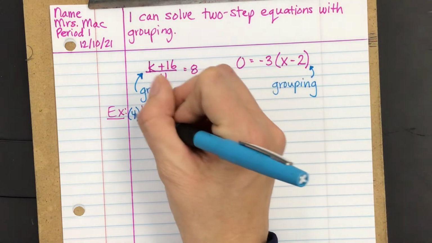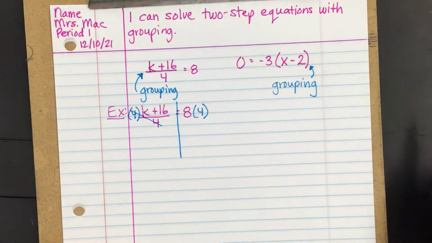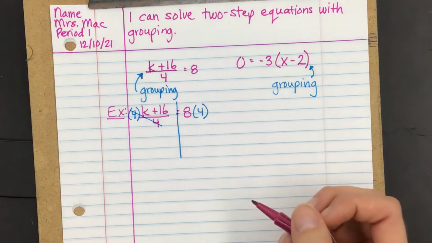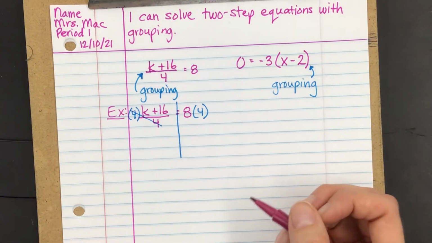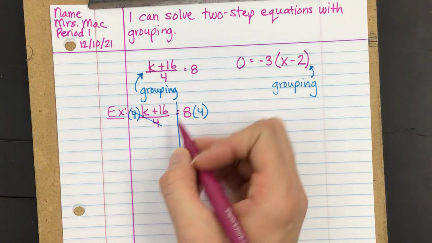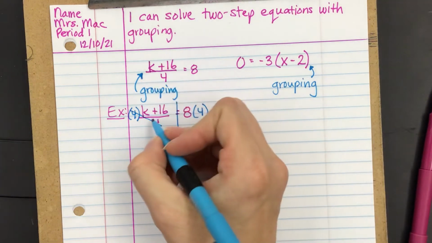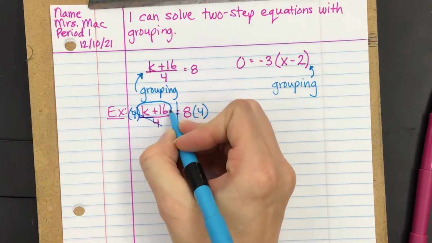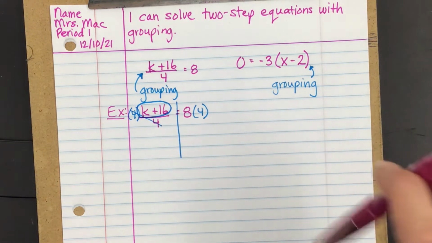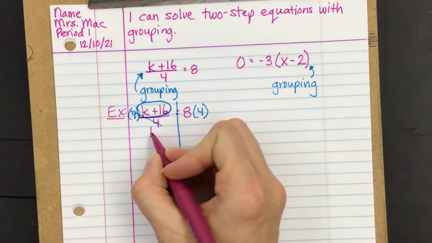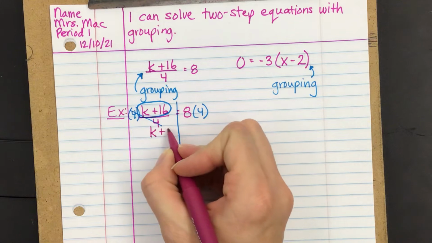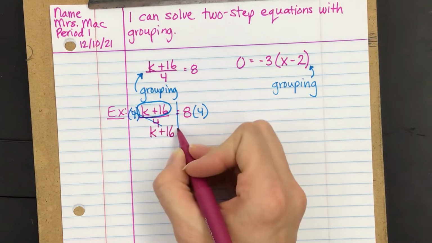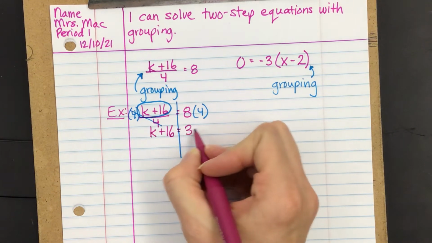Now 4 divided by 4 just cancels out because it becomes 1, and it's not necessary to write that down. And what you're left with is k plus 16. So I have k plus 16 is equal to 32.